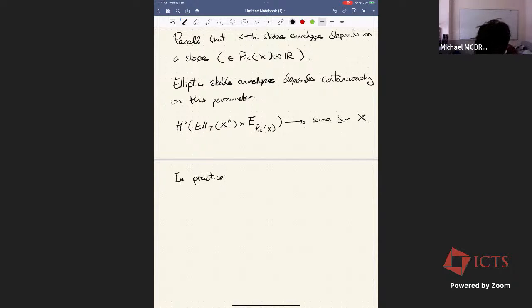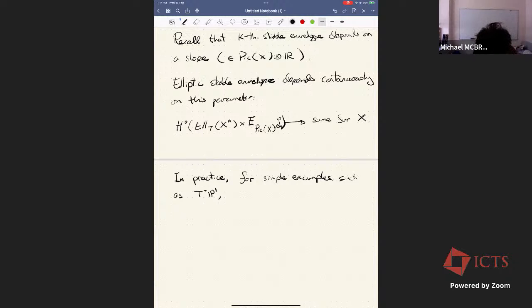So in practice, for simple examples such as T star P1, you can get away with writing down explicitly what this is, and the answer is relatively straightforward. Sorry, again, I forgot to specify a line bundle.